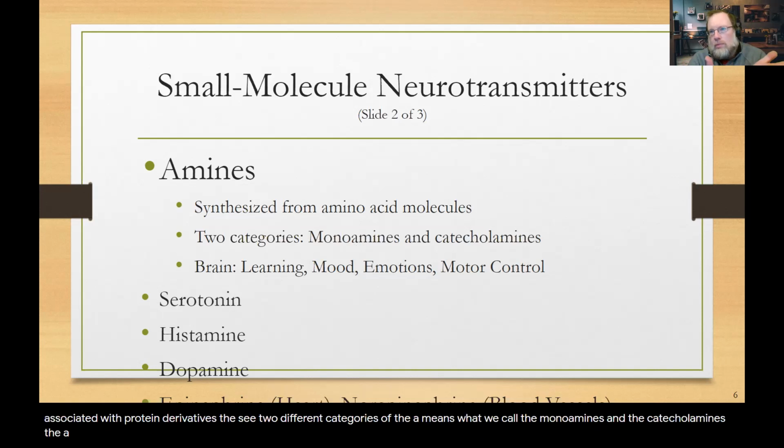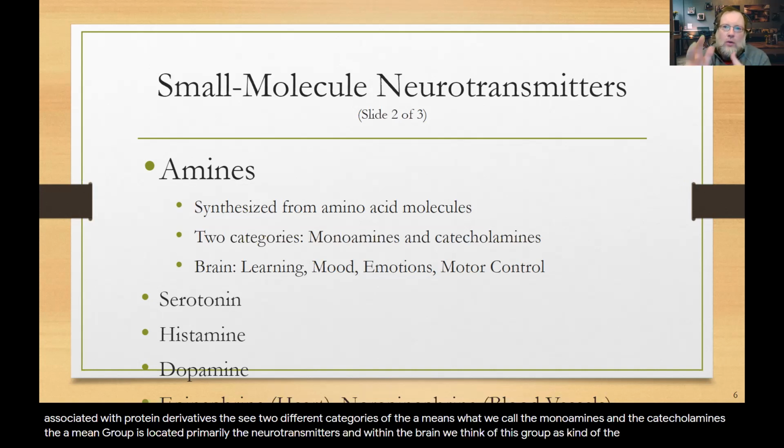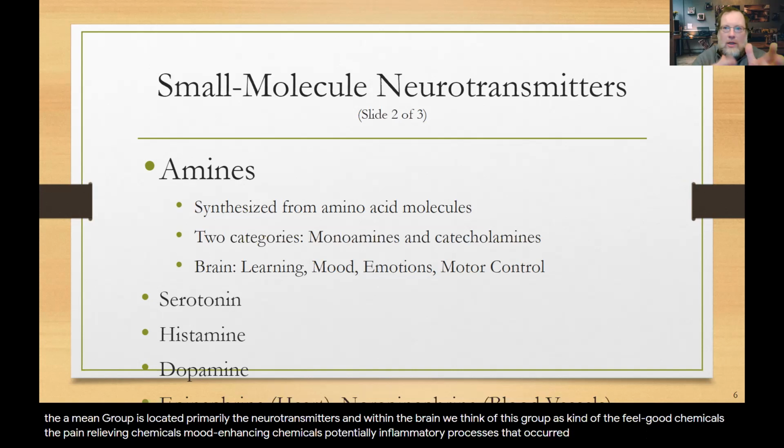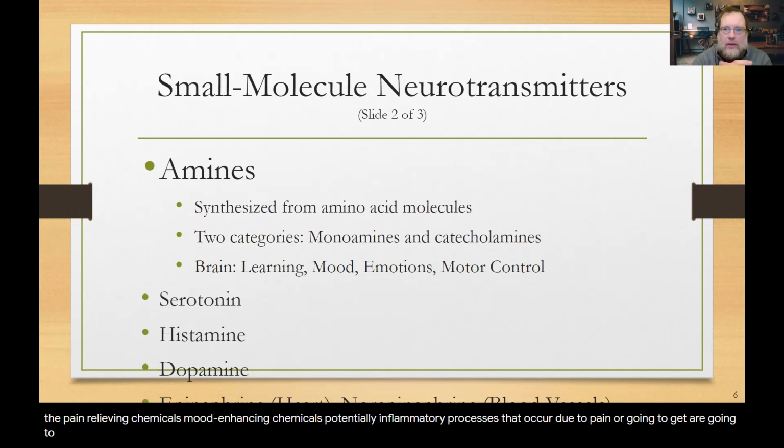The amine group is located primarily in the brain. We think of this group as the feel-good chemicals, the pain relieving chemicals, mood enhancing chemicals, potentially. Inflammatory processes that occur due to pain are going to trigger some of the amines to start functioning.